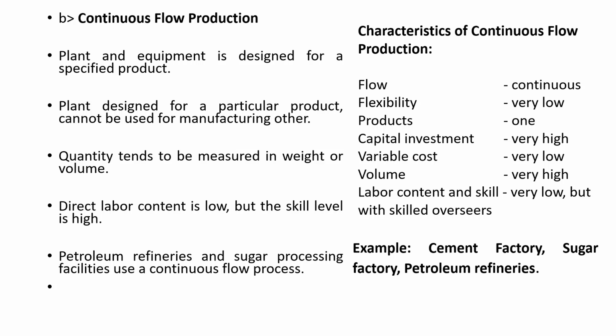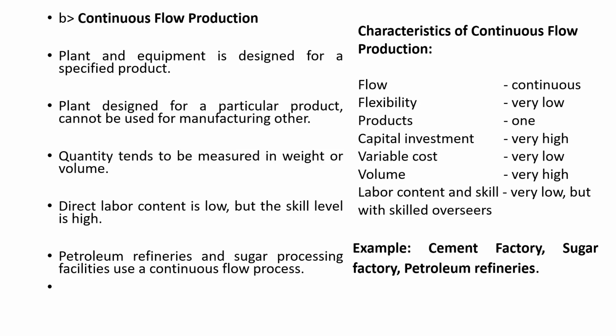Quantity tends to be measured in weight or volume. Example, refinery, cement factory. Here the quantity is measured in weight or in volume. Direct labor content is low, but the skilled labor is high. If you visit any continuous flow production, or any chemical plant, you will hardly find any workers there.